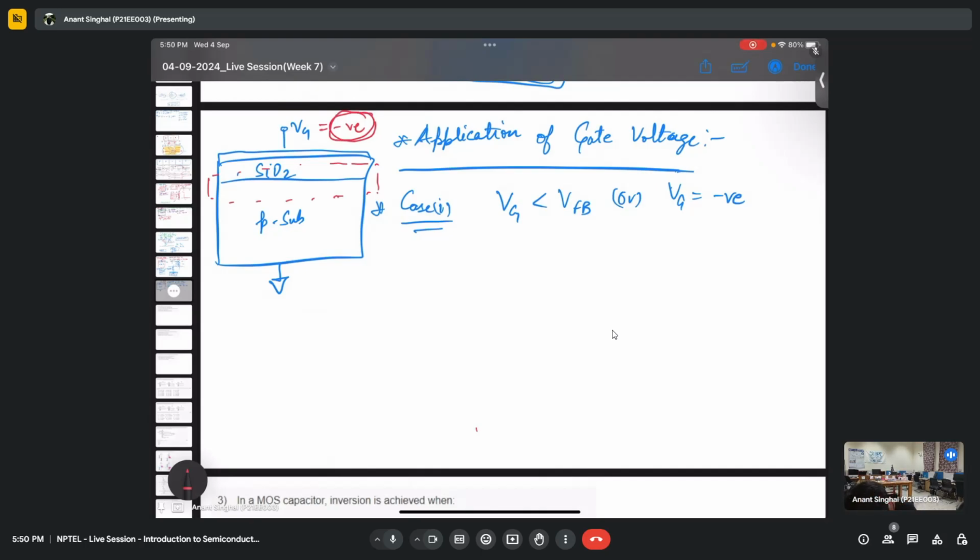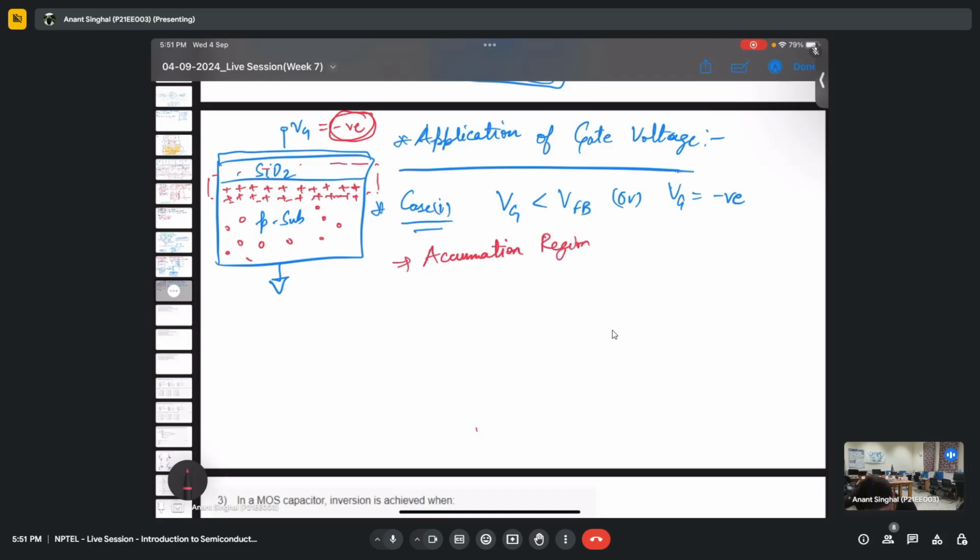We have a p-type substrate, so these majority holes will get attracted towards the semiconductor and silicon surface, and a lot of holes will be accumulated. I'm denoting them with plus. The holes accumulate near the semiconductor and SiO2 surface, which is why we call this the accumulation region.